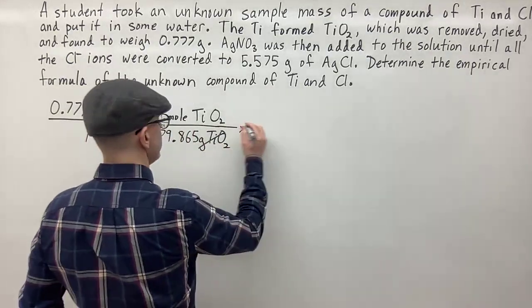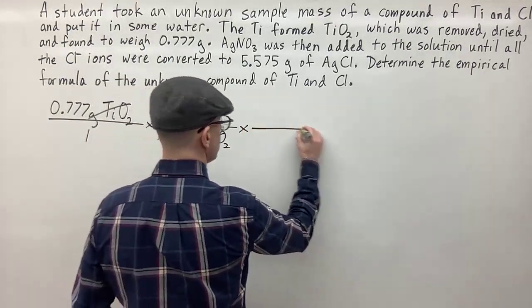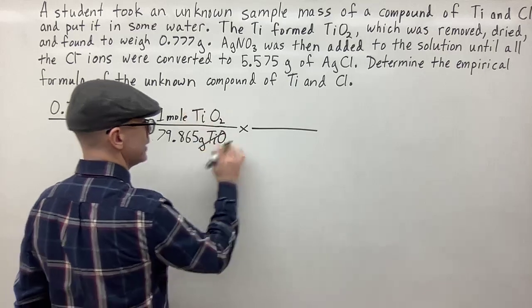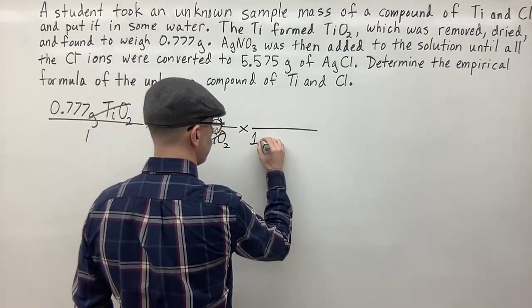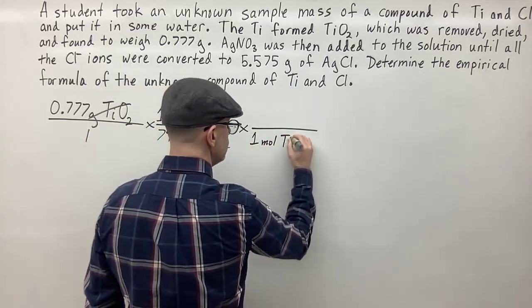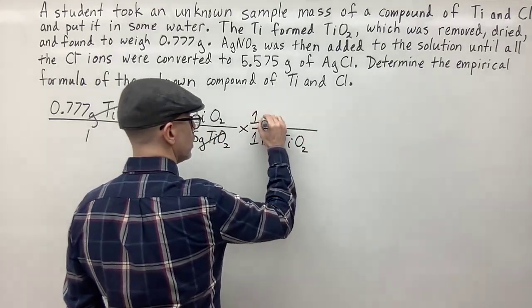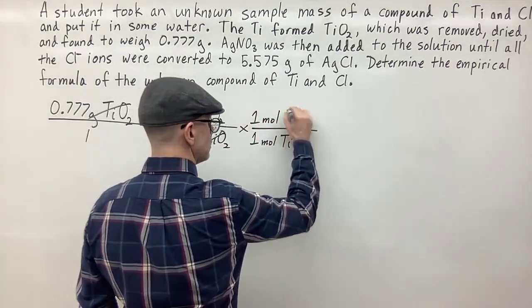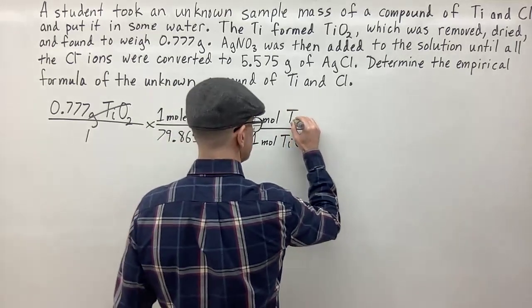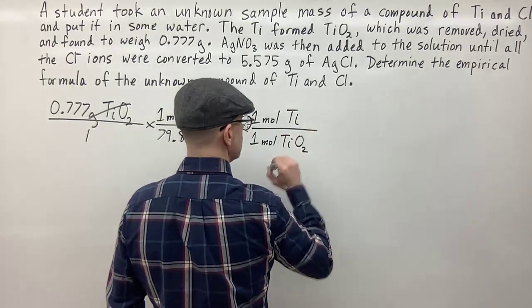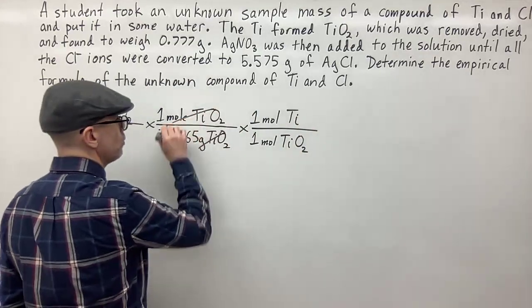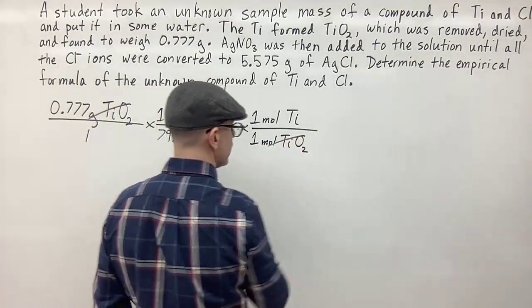Okay, so then that's going to be 1 mole of TiO2 on the bottom, and 1 mole of titanium on the top. So 1 mole of TiO2 cancels out.